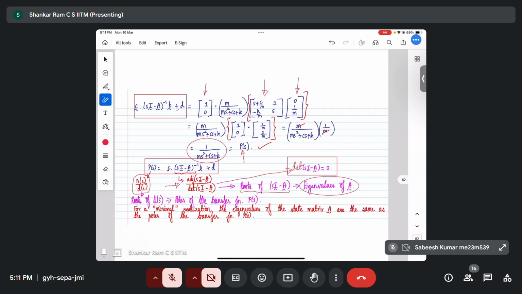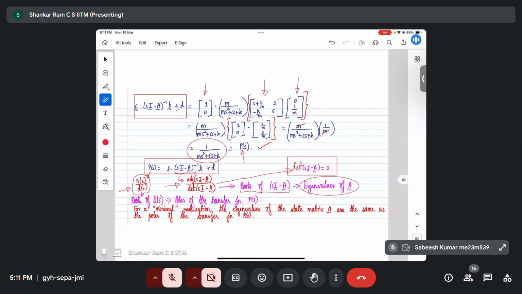Now, if you look at the left-hand side of this equation, the denominator polynomial is D of S for the transfer function. And what are the roots of D of S? As we have already studied, they are the poles of the transfer function. So on the left-hand side, we have the polynomial D of S, and on the right-hand side, we have the determinant of SI minus A. Obviously, when equality holds, the roots of the two polynomials should also be the same.